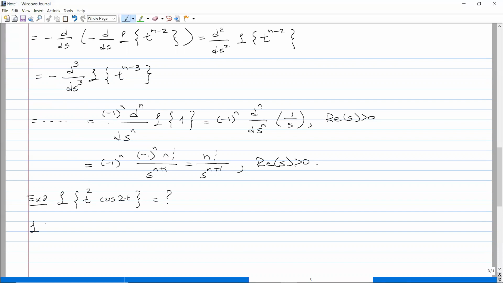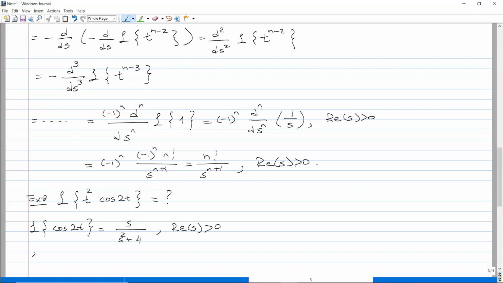Now, we know that the Laplace transform of cosine 2t is s over s squared plus 4. The coefficient of t is 2, so the number a is 2. 2 squared is 4. S over s squared plus 4 for real part of s greater than 0.